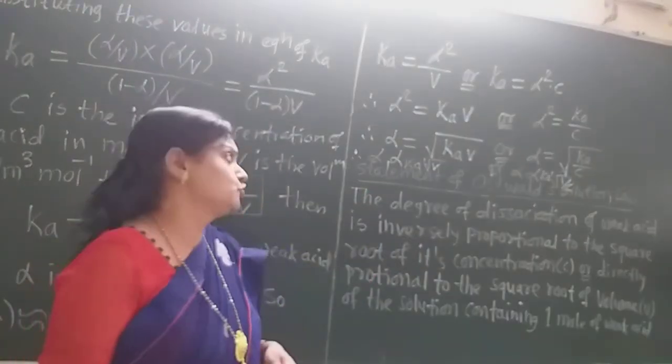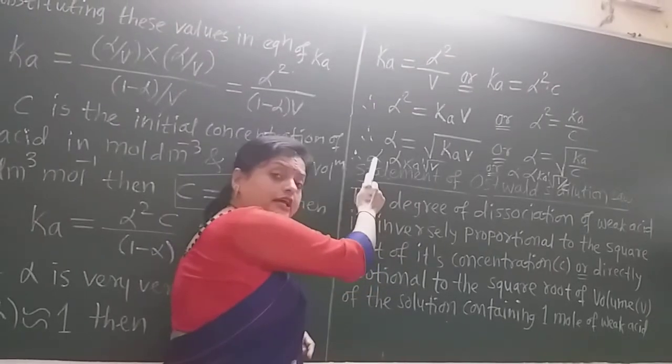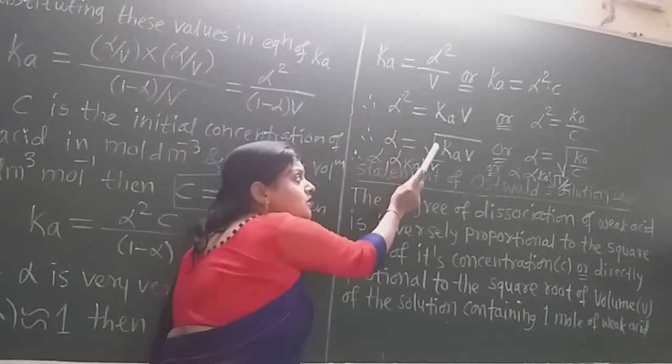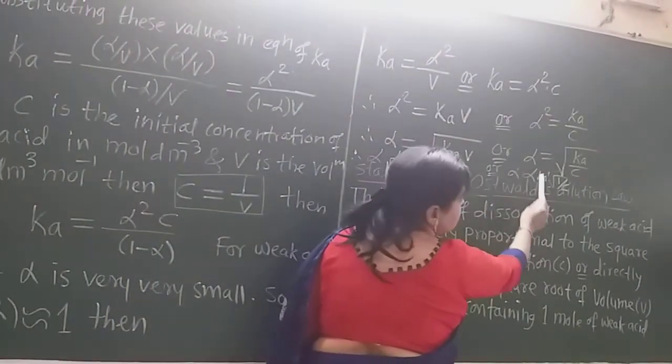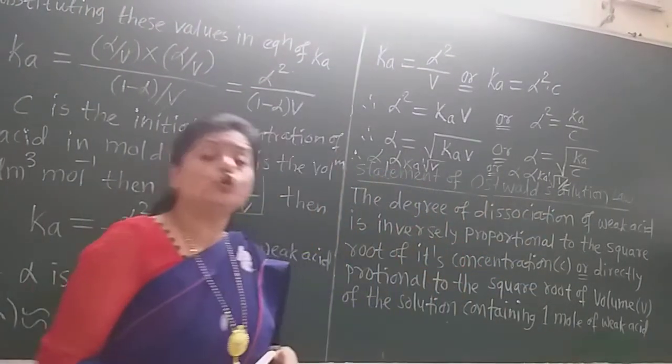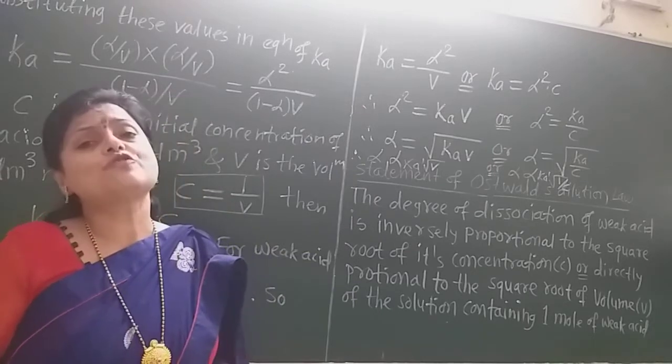These two equations show that the degree of dissociation alpha is directly proportional to the square root of volume, and inversely proportional to the square root of concentration, and that is the Ostwald dilution law.